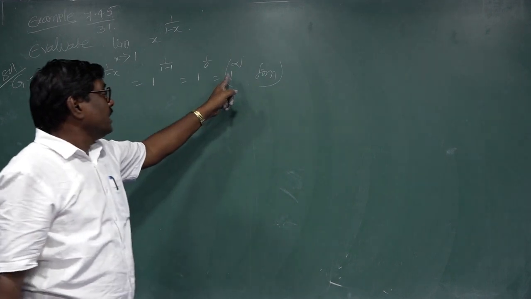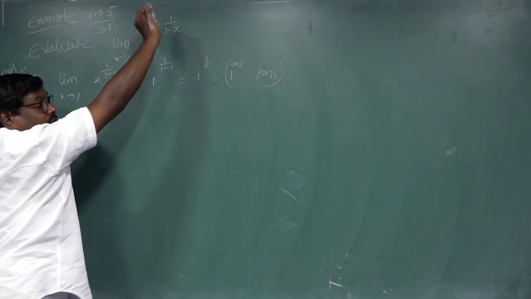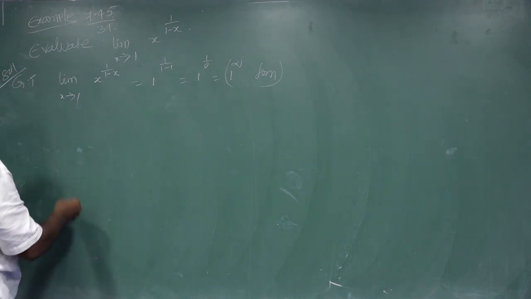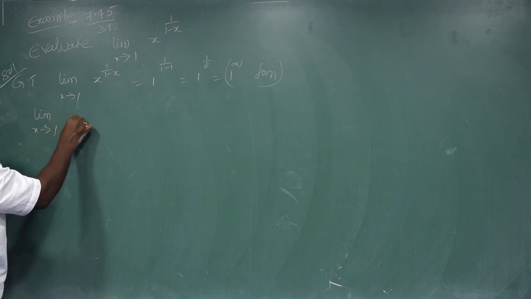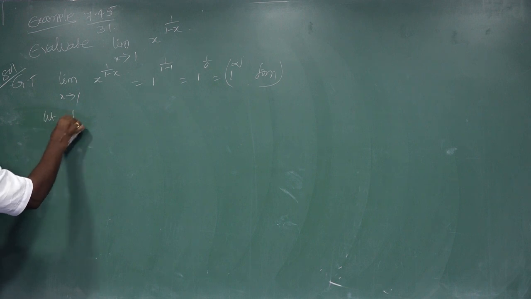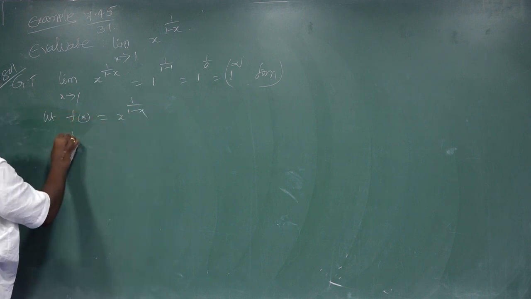For 1 power of infinity, where x is raised to the power of another function, first let f of x equal x power of 1 by 1 minus x.